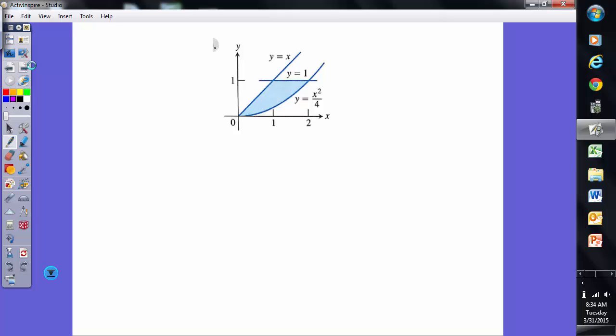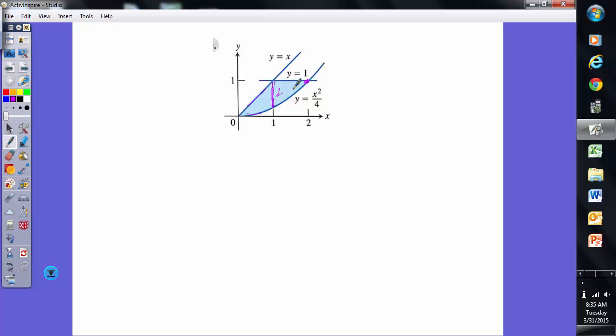This one's a little bit different because if I were to go from 0 to 2 and just do x minus x squared over 4, I would be including this area up here too, and we don't want that area. So what we're going to do is go from 0 to 1 of x minus x squared over 4. Then we're going to go from 1 to 2 of 1 minus x squared over 4.